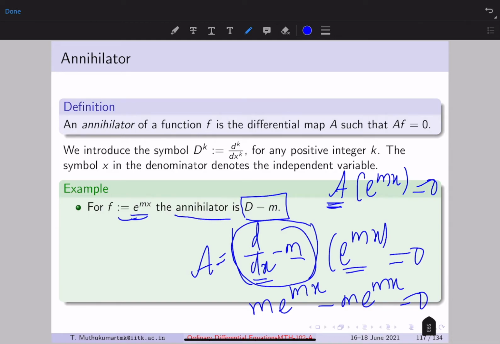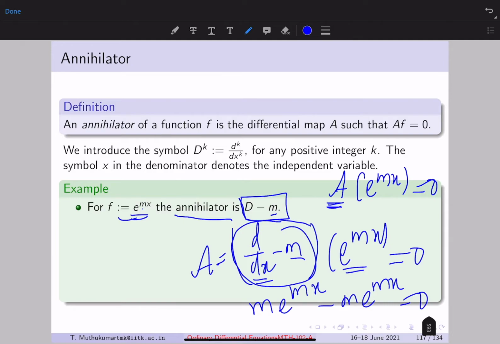So this annihilator is not unique. That is not always the case; you can have more than one annihilator, which is fine. One function can sit in the null space of different operators. That is possible. So choose the one that is easy for you to find or easy to apply to your problem. So for e^(mx), D minus m, whatever is the power m here, that comes here. So D minus m is the annihilator.